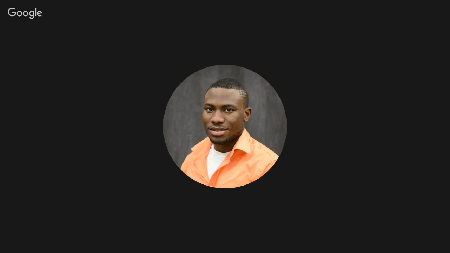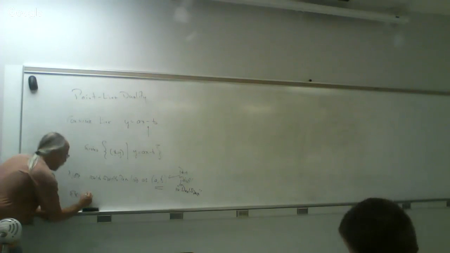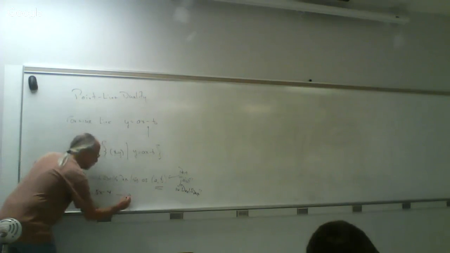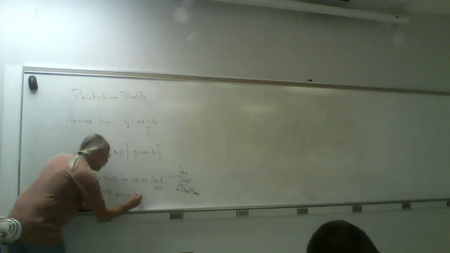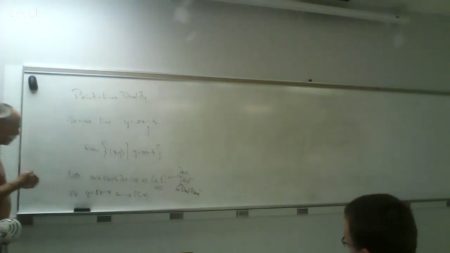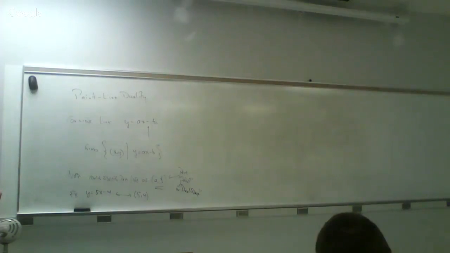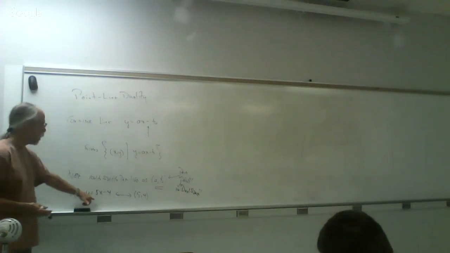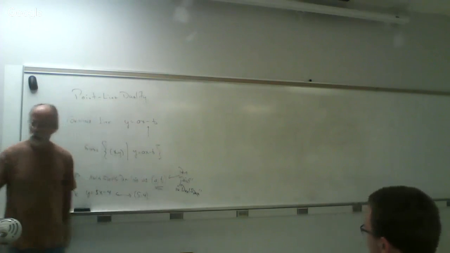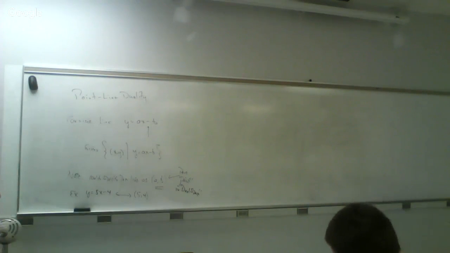So, for example, if the line was y equals 5x minus 4, that would map to the point 5, 4. So here's our line in normal reality. Here's the corresponding point in that alternate reality.